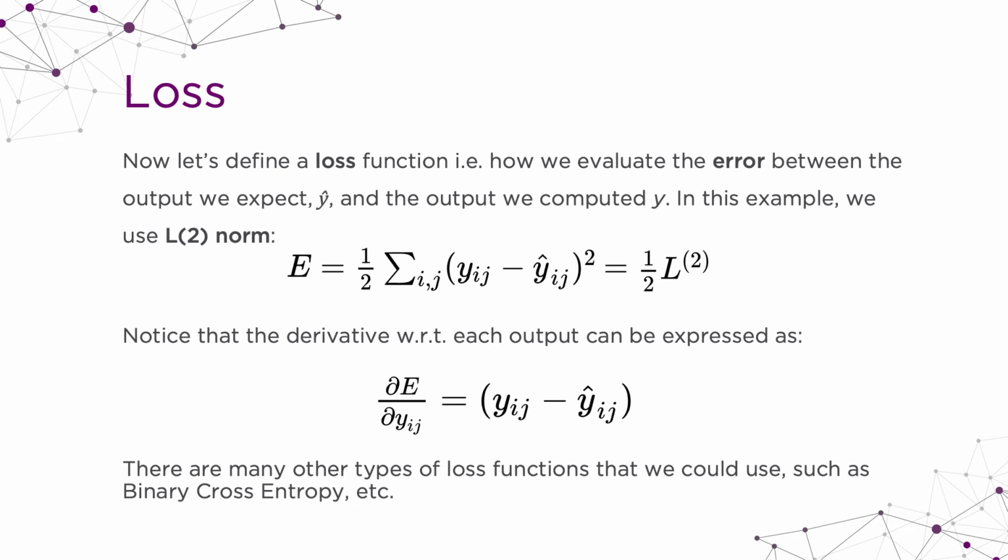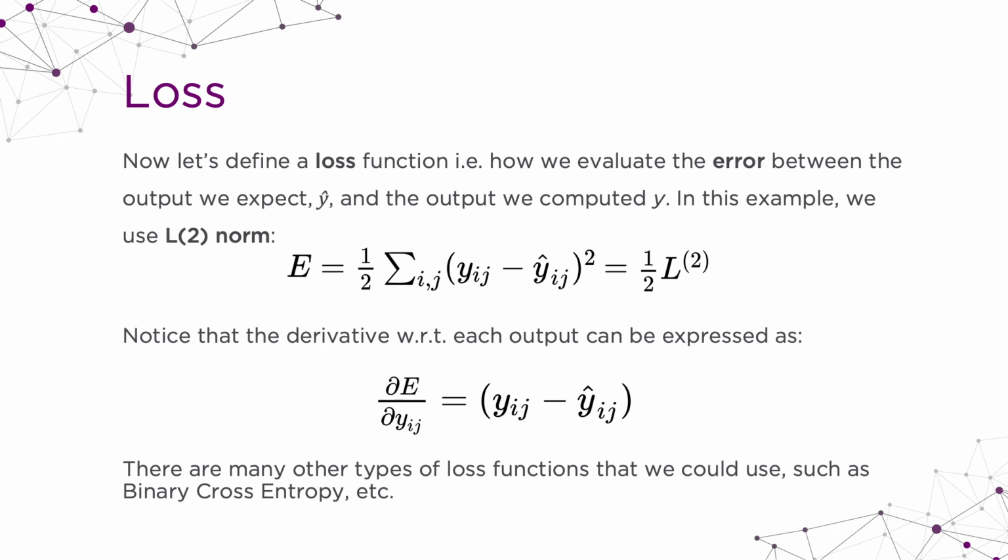So in this example, we're going to use a specific case of a loss function called the L2 norm. The L2 norm computes the Euclidean distance between 2 points and also adds a factor of 1/2 in front of it. So why do we have this factor of 1/2?